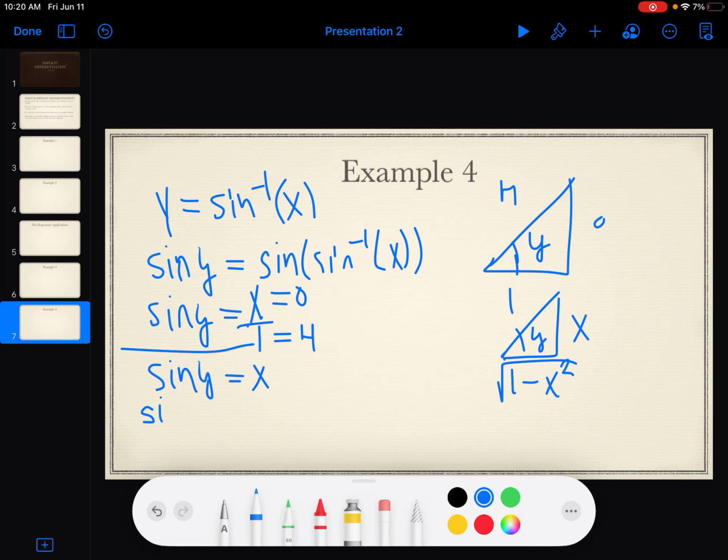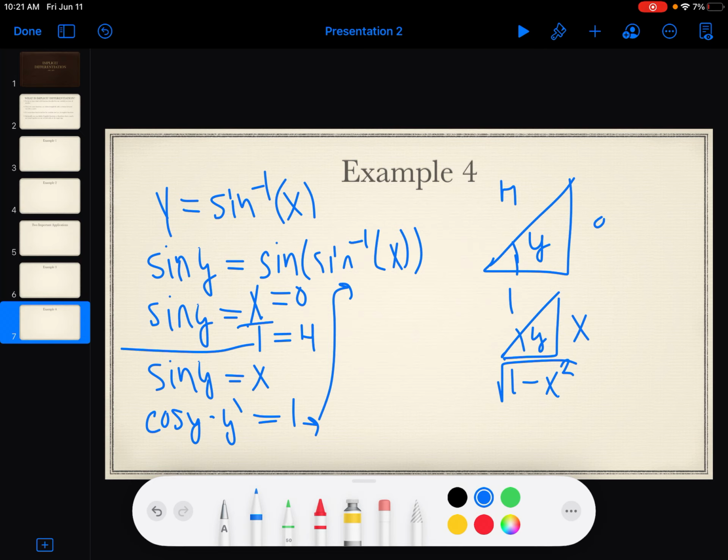Taking the derivative of the left side, we get cosine y, and because of the chain rule, cosine y times y prime. Taking the derivative of the right side, the derivative of x with respect to x is just 1. So there we go. Now let's isolate for y prime.